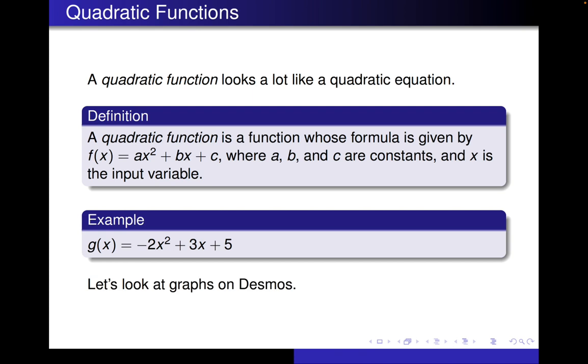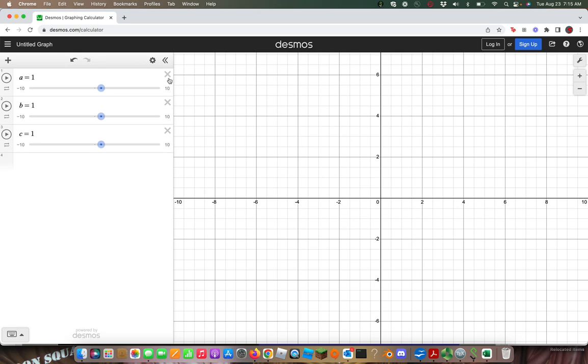So let's go ahead and look at some of the graphs on Desmos so we can see what the graphs are going to look like. Alright, so here's Desmos, and what I want to show you in this particular part of the video is a nice way of looking at lots of graphs at the same time without having to retype them all in.